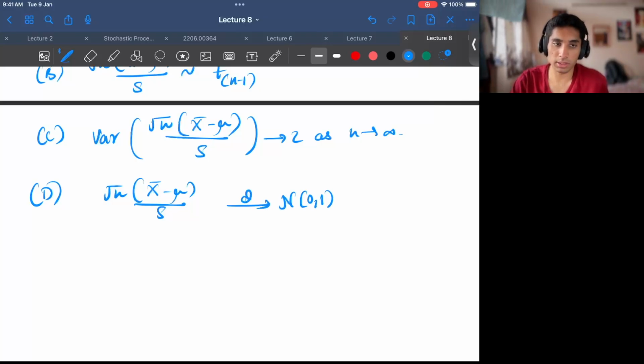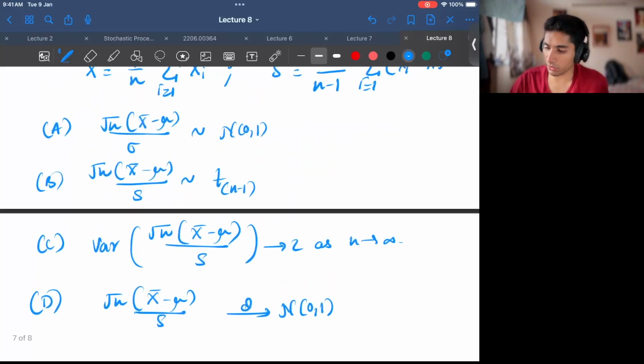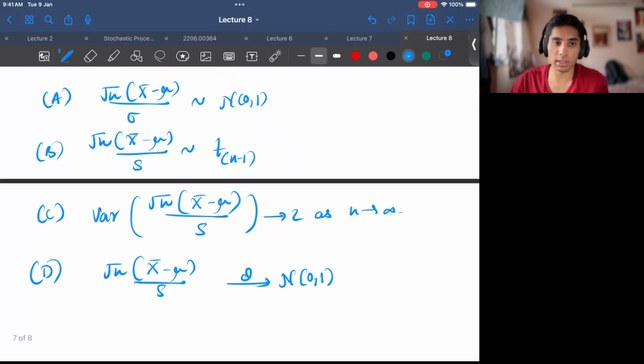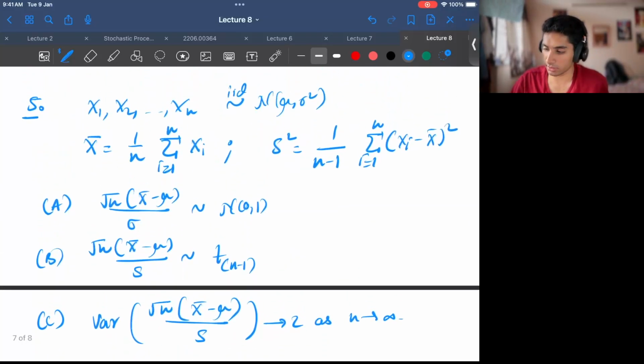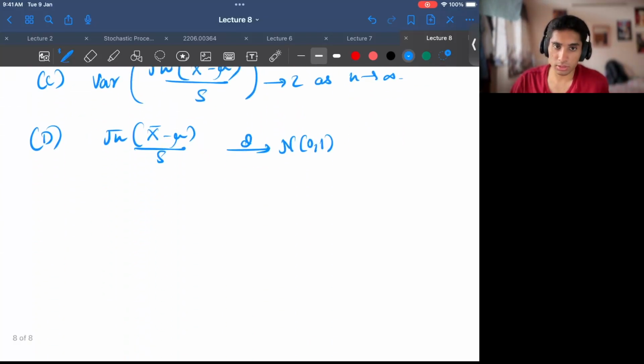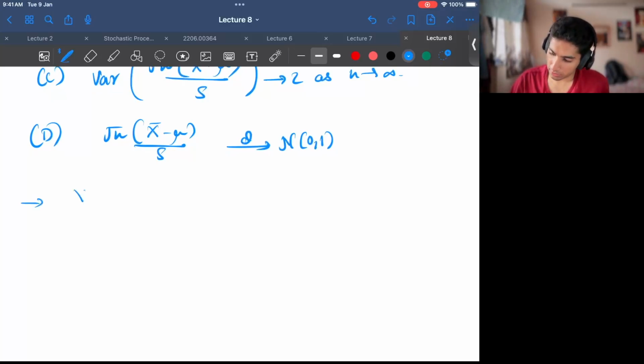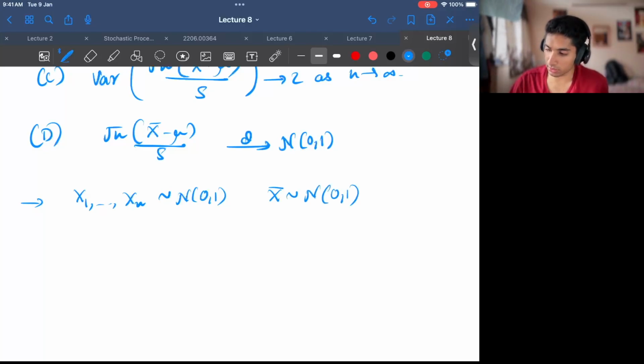These are your options, right? So the first two options are quite clear. These are just properties of normal random variables. If x1 till xn are normal 0 1, then of course x bar will follow a normal distribution. We just saw this. I mean, sorry.